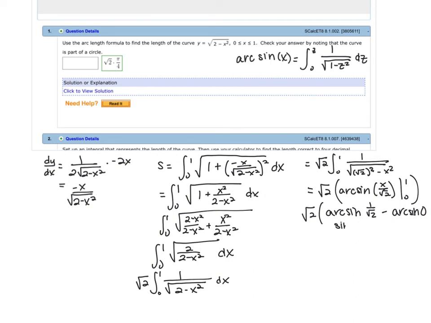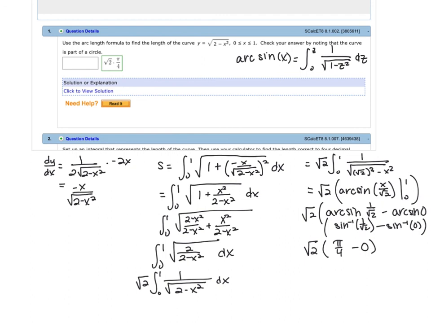Another way you may see this written is the sine inverse of 1 over root 2 and the sine inverse of 0. So this would be root 2, and the sine inverse of 1 over root 2 would be pi over 4. And the sine inverse of 0, or the angle that gives us a sine of 0, is 0. And so that would look like that.